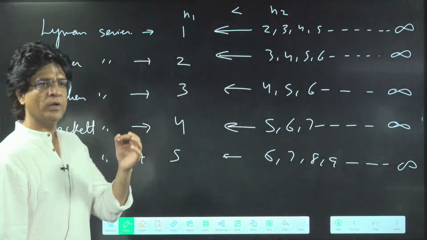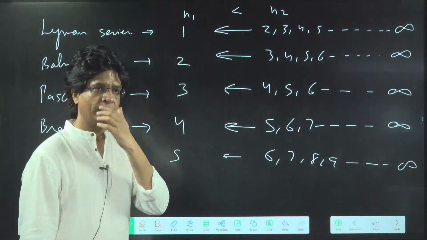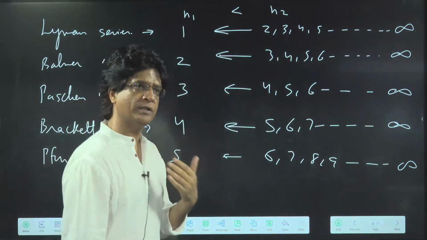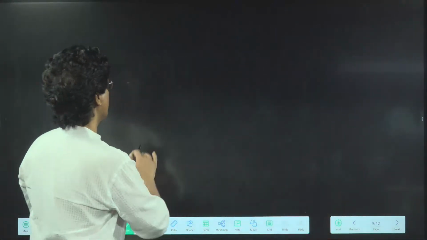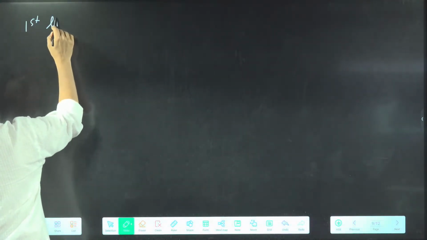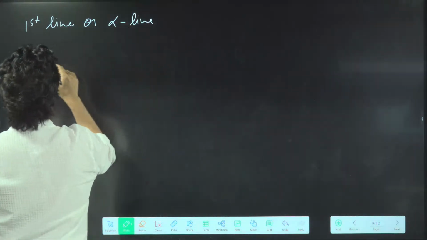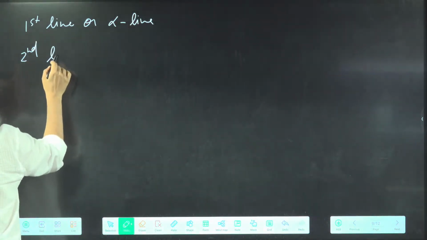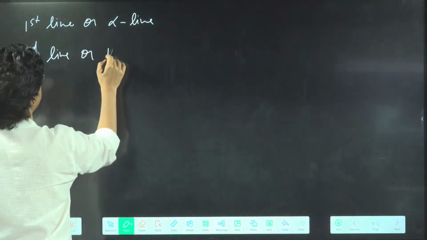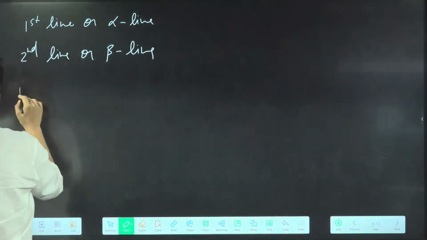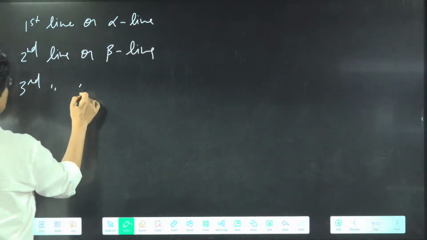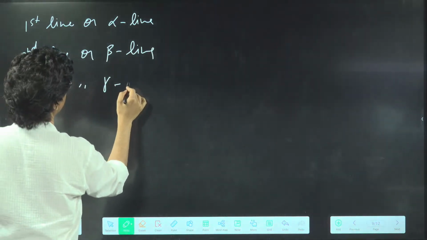Now there is one more terminology. Let's learn that also. That terminology says the first line is also called the alpha line. Then the second line, or beta line. Then the third line, or you can say gamma line.